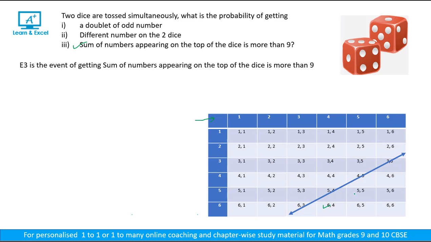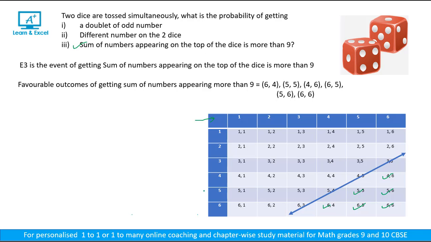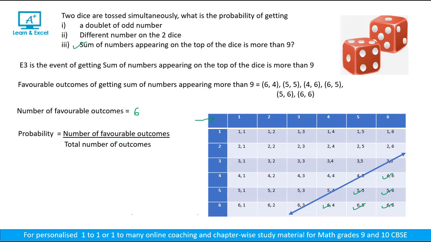These outcomes 6, 4, 5, 5, 4, 6, 5, 6, 6, 6 and 6, 5 have their sum as 10, 11 or 12. So the number of favorable outcomes is 6. The total number of outcomes we already know as 36. So the probability of the event E3 happening will be equal to 6 upon 36, which is also equal to 1 upon 6.